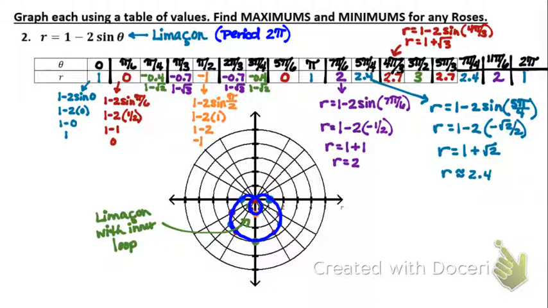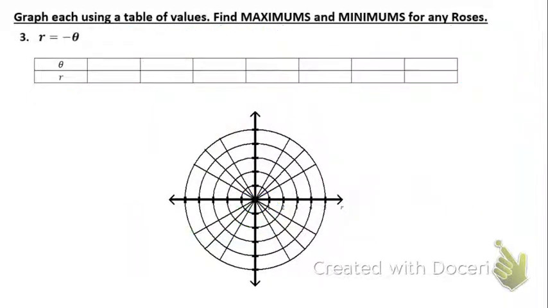All right. Go ahead and turn the page and look at the equation here. Tell me what kind of a graph we're going to make on number 3. A spiral. How do you know? No cosine, no sine. This is going to make a spiral.